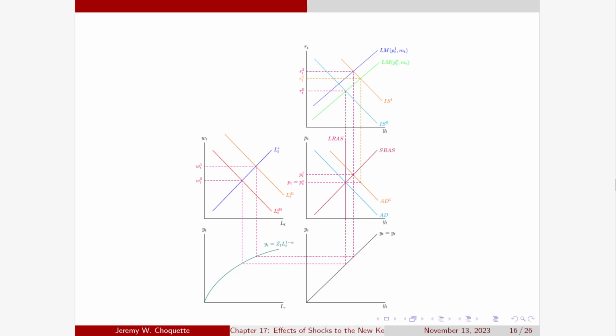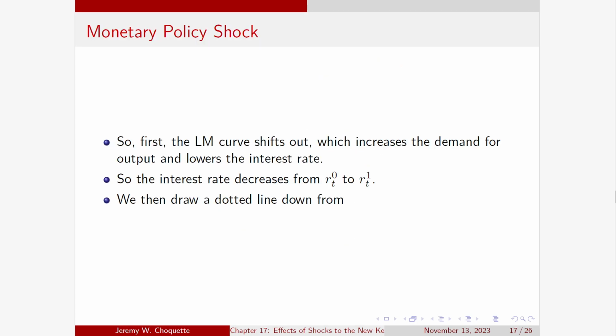So you'll get more of a response in output, in wages, in labor, given the muted ability for firms to respond by raising prices in response to an aggregate demand shock. So just play with that on your own. See what you get. I bet the results are going to be pretty interesting for you.